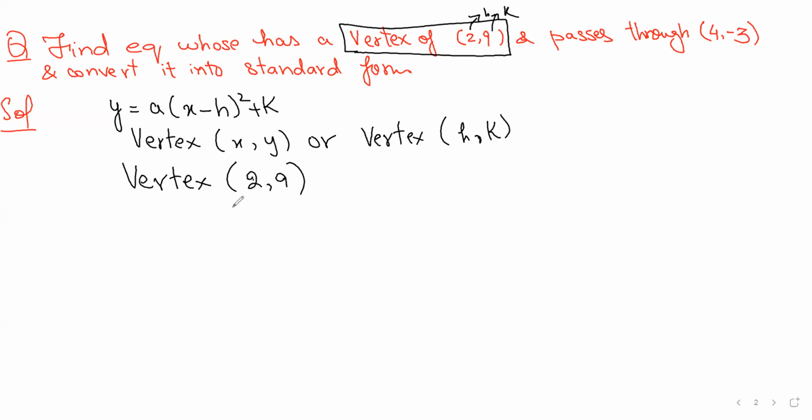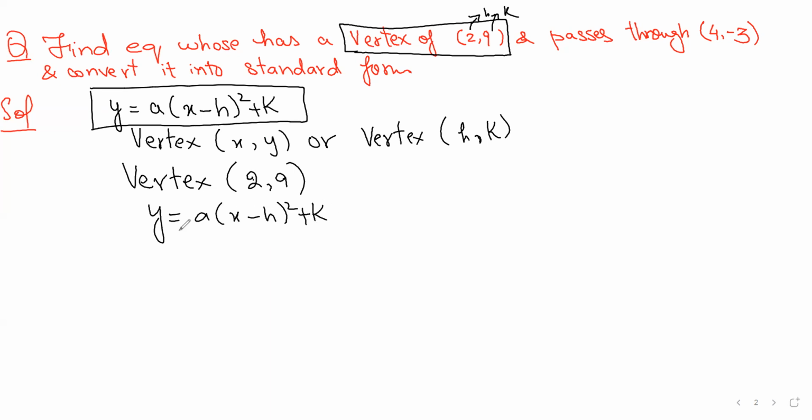Now I put these values in the general equation, a times (x minus h) whole squared plus k. The point is (4, negative 3). So this is my x value, this is my y value. I'm placing negative 3 instead of y, and instead of x I write 4.